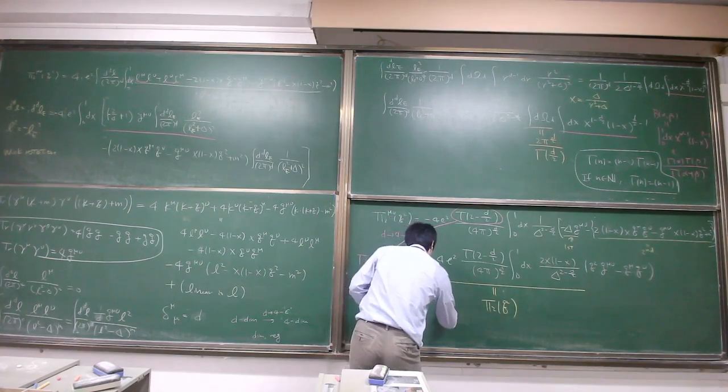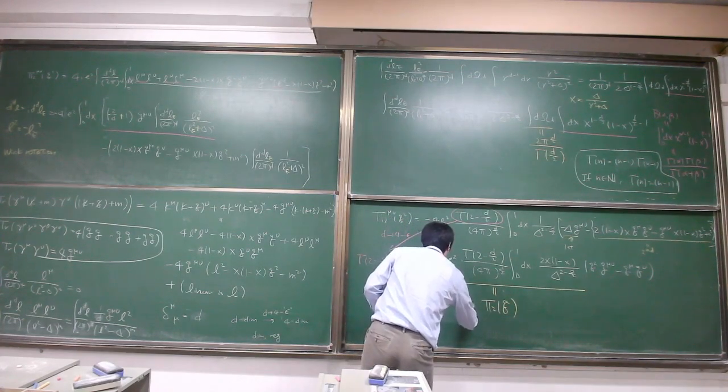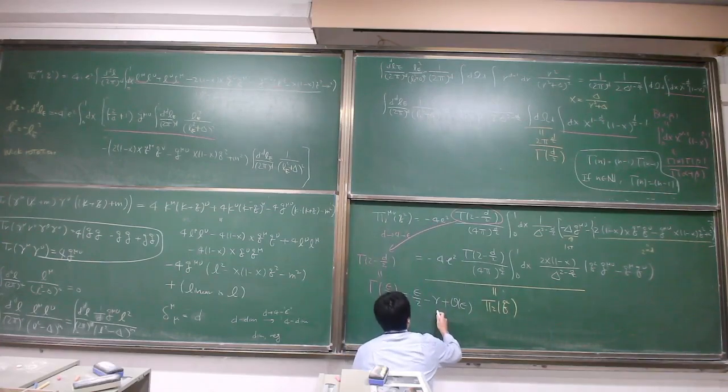2 over epsilon minus gamma plus order epsilon, and this gamma, I mean, in quantum physics there are lots of gamma out here.